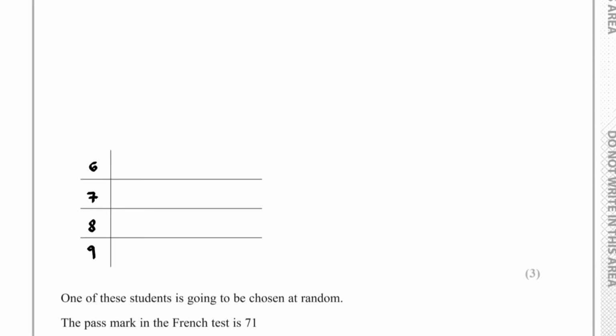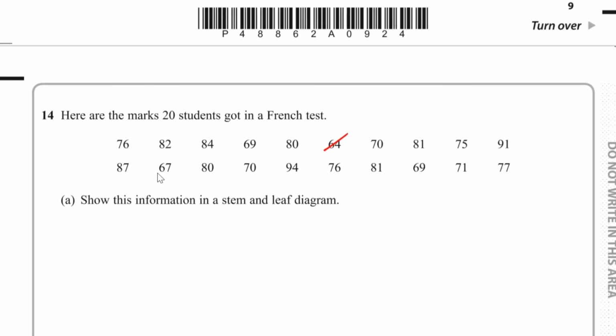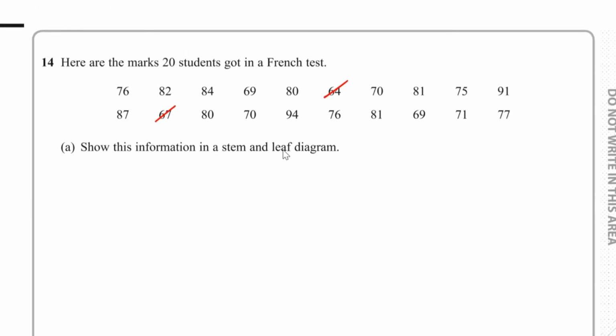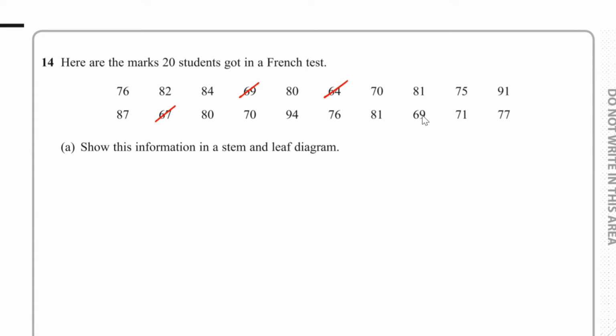So we have 64. Then the next smallest one in the 60s is the 67. So then we write down 7 here, and then we have 69, which is over here, and then we have another 69 over here.